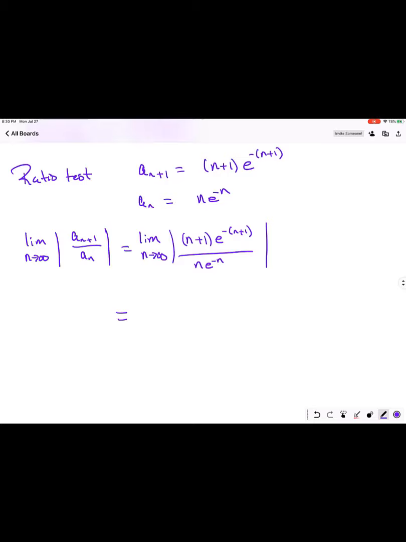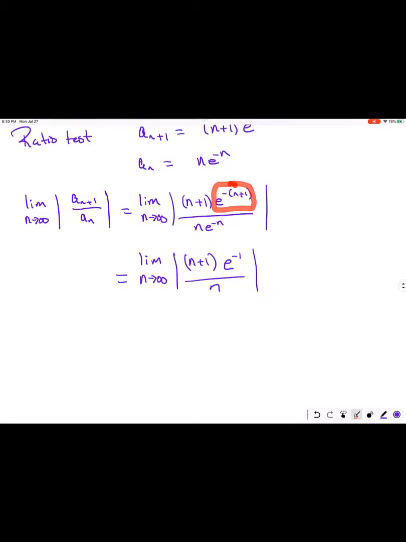That simplifies to the limit as n approaches infinity of the absolute value of n plus 1 e to the minus 1, all divided by n. So what I did is take this e to the minus n plus 1 and distribute that.